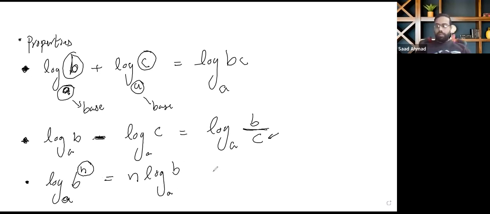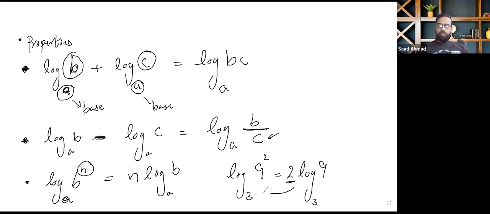For example, if I have log base 3 of 9 to the power 2, I can write it like this: 2 log base 3 of 9. So this power can go to the start, and it works both ways. If it's in the start, you can also write it the other way. It's a two-way thing.